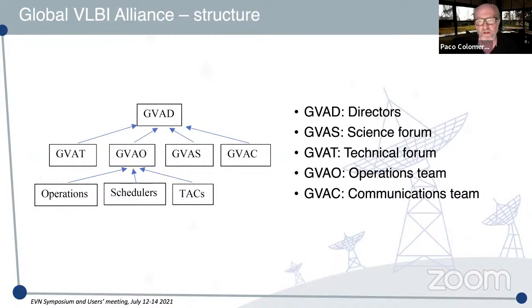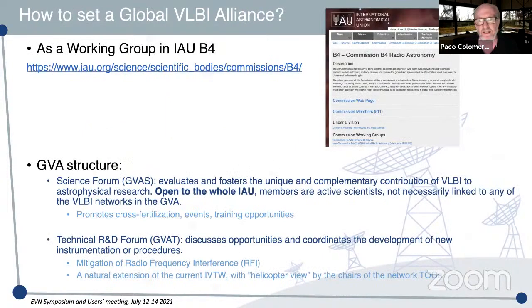Now, the structure that we are proposing is to have a forum of directors, a forum of science and another of technical experts, and some teams to handle the specifics of operations and communications. And this is how the different groups relate to each other. The advantage of the Global VLBI Alliance is that it is already set up as a working group in the IAU.